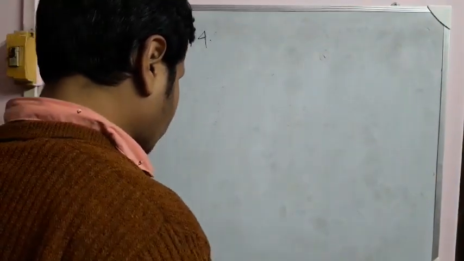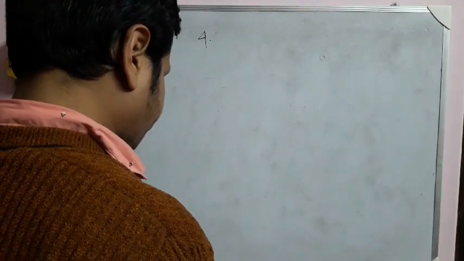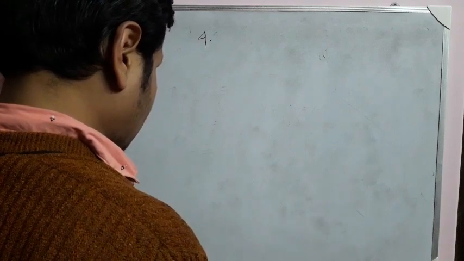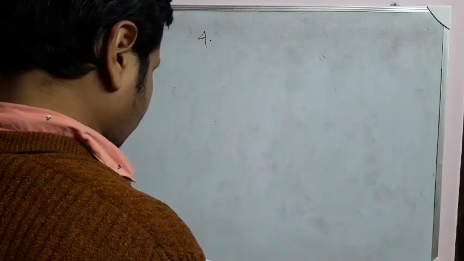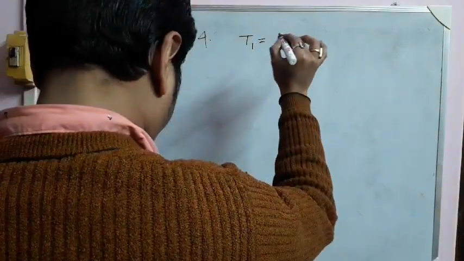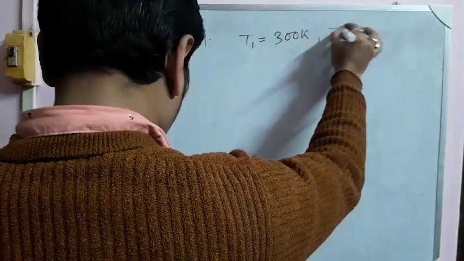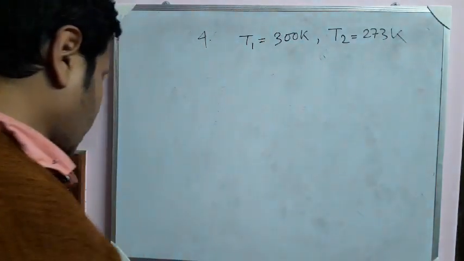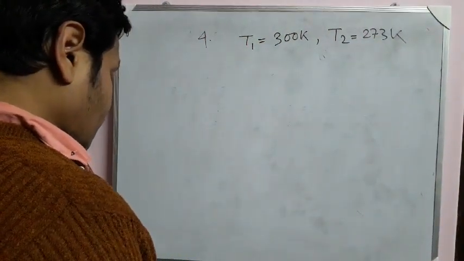Here given that a Carnot refrigerator takes heat from water at 0 degrees Celsius and discards it to room temperature at 27 Celsius. So here T1 is given 300 Kelvin, and T2 is given 0 degree, that means 273 Kelvin. So how many calories of heat are discarded at the room?